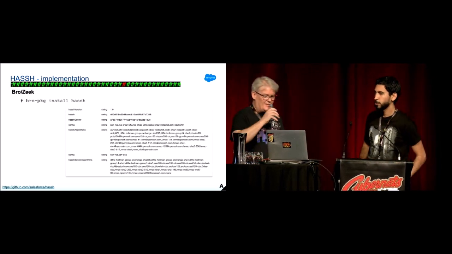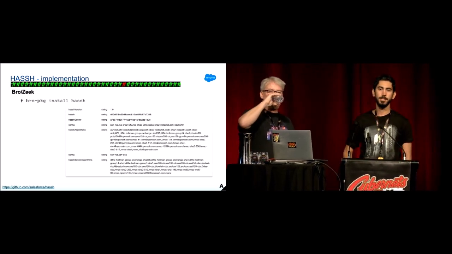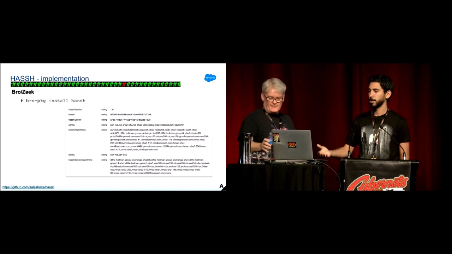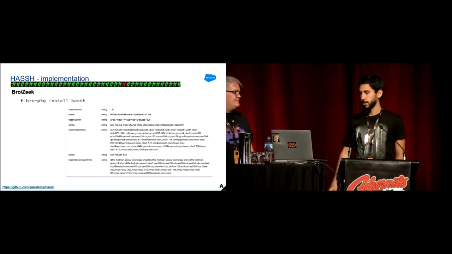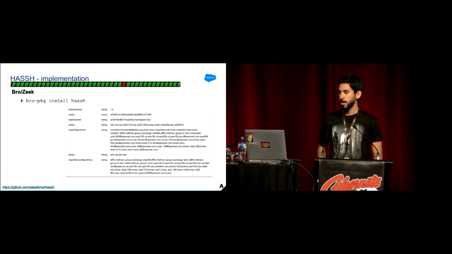So before we go through some interesting use cases, I'm going to show you some implementation options we have. We actually used a Bro or Zeek script as our main implementation method. We actually did the same for JA3 as well because Bro is one of the most common NSM, or network security monitoring, tools out there.